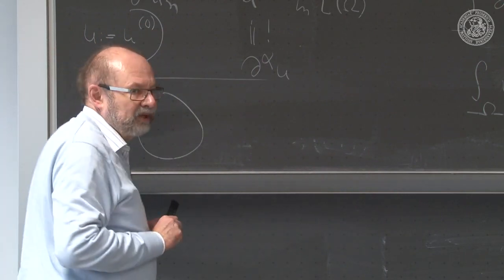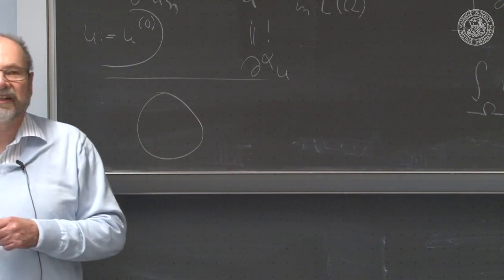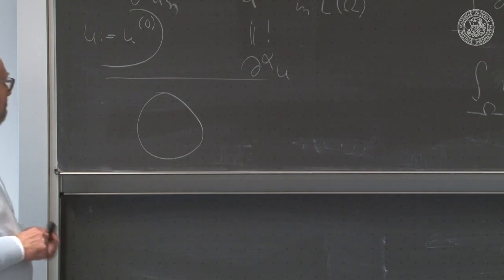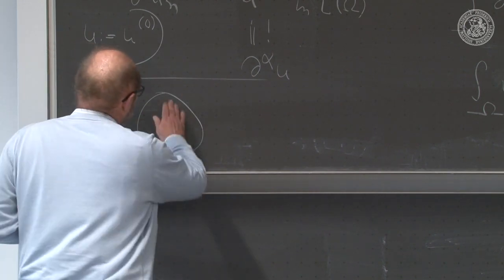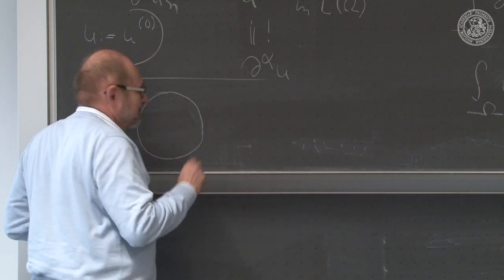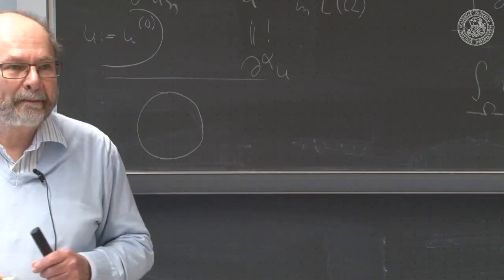I guess you know this from analysis. So in this case, how many coordinate systems do I need to represent the boundary as the zero set of a function of a certain smoothness?